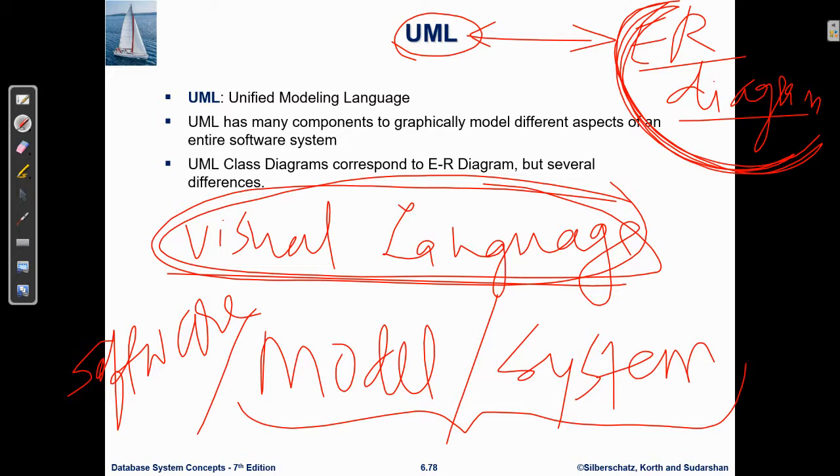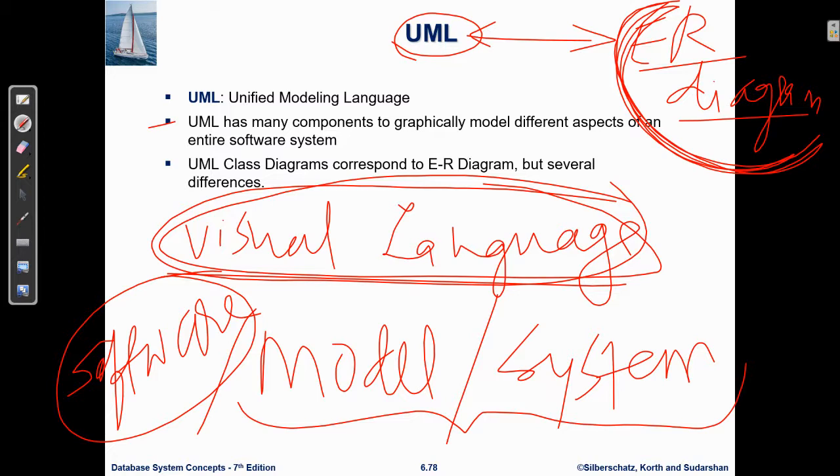Now see the second point. UML has many components to graphically model different aspects of an entire software system. मैंने बोला था you can describe the software also.